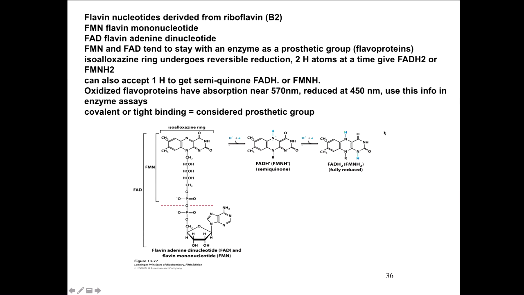Okay? Again, with these nice ring structures, we see some nice absorbance under the spectrophotometer. This is actually more invisible light here. So the oxidized flavoproteins have absorption near 570 nanometers, reduced to 450. Again, we can make use of this in the lab in enzyme assays.